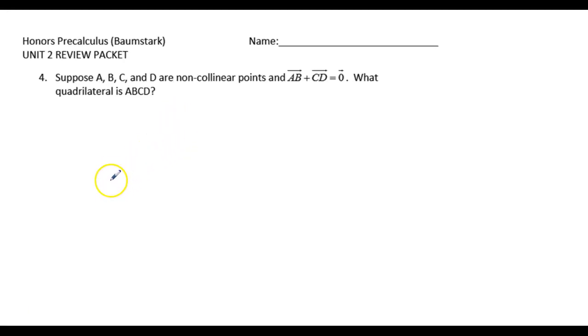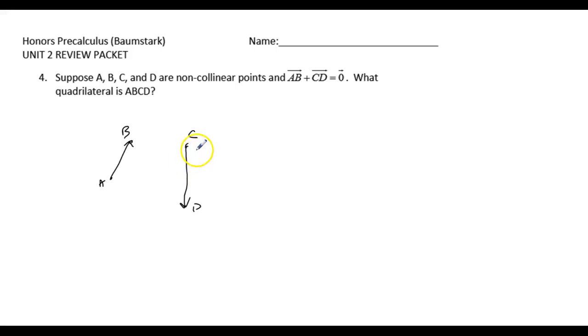Okay, so moving on to number 4, we have a quadrilateral A, B, C, and D. I'm just drawing this randomly here. What this is saying is that they're non-collinear, which I've drawn here, and that vector AB, the vector from A to B, plus CD, the vector from C to D, needs to be the zero vector.